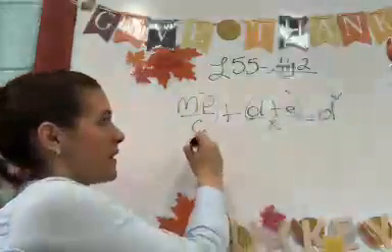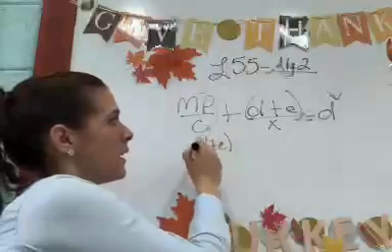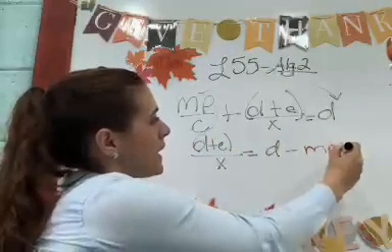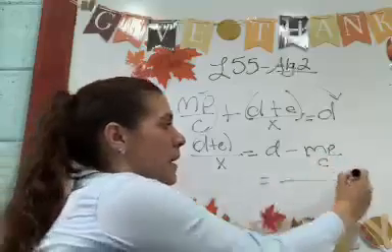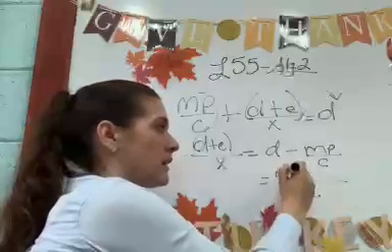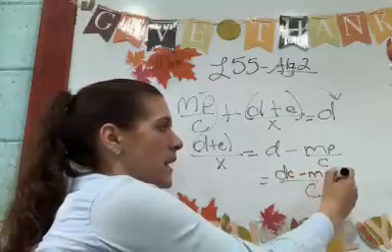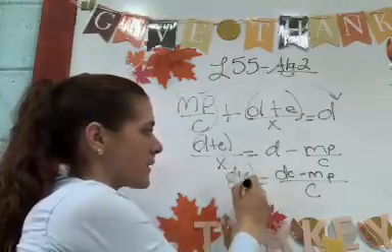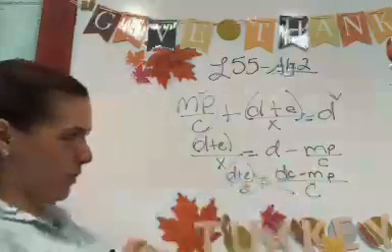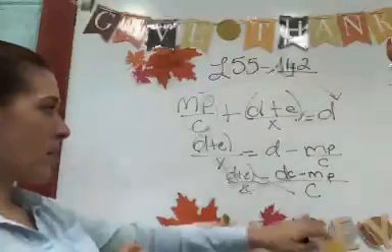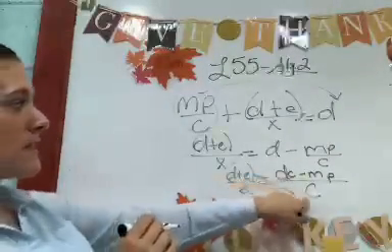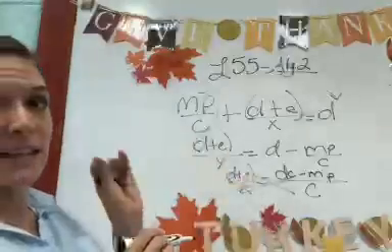So now I'm going to write it d plus e over x equals d minus mp over c. My common denominator is c, so you have dc minus mp over c. That is d plus e in parentheses over x. Crisscross and multiply, okay? Now in this case, I'm going to distribute the c and the d because that's not what I have to keep by itself.